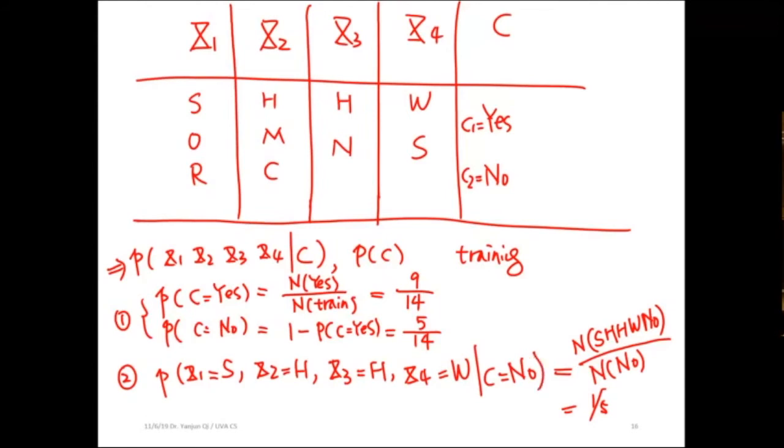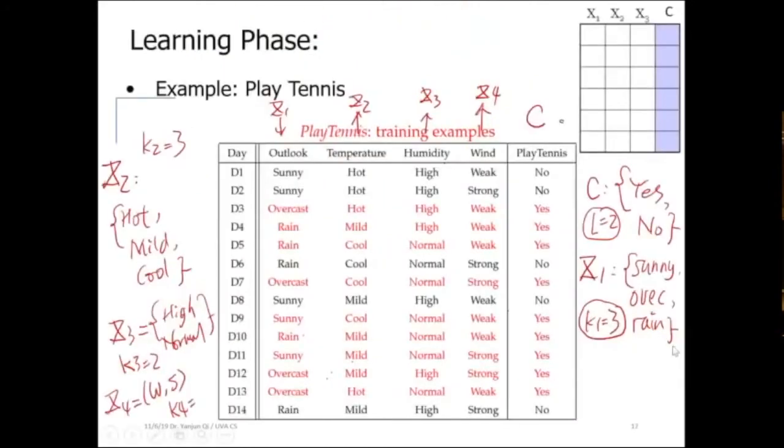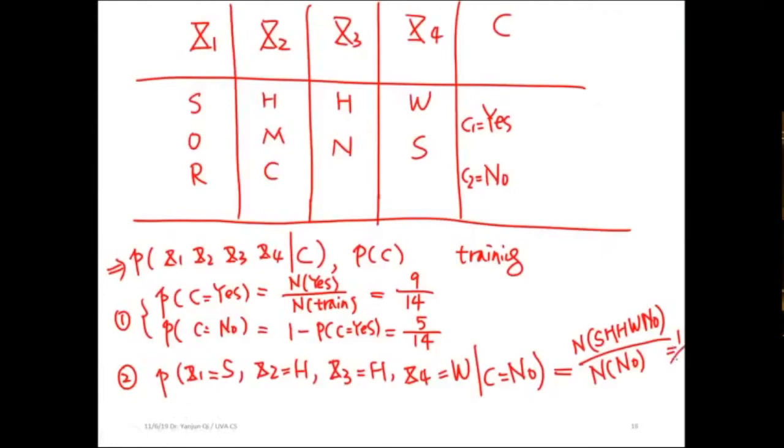So this is 1 over 5, but I also need to estimate the other. I also need to estimate X1 equals S, X2 equals H, X3 equals H, X4 equals W, conditioned on C equals yes.